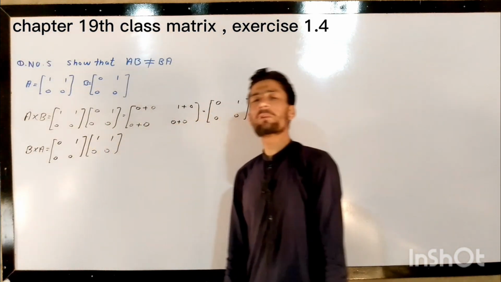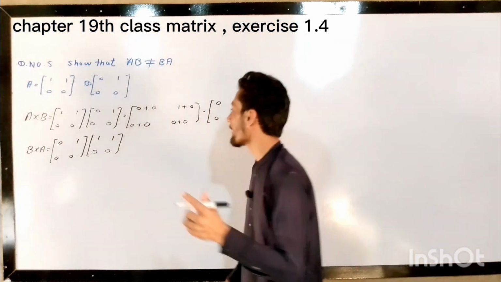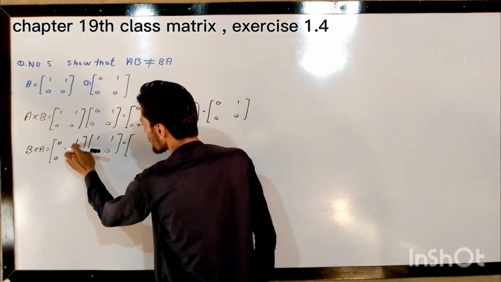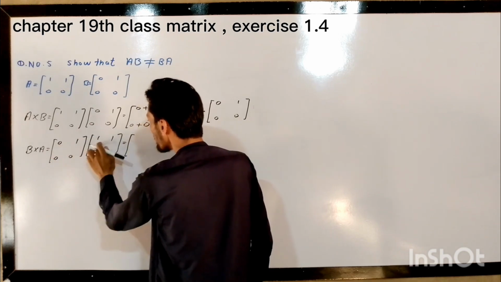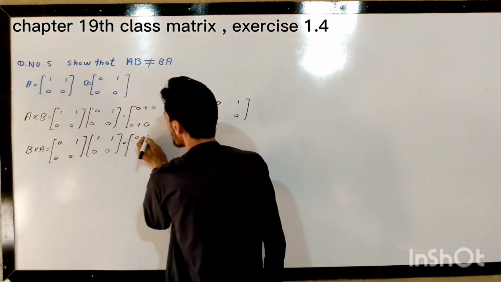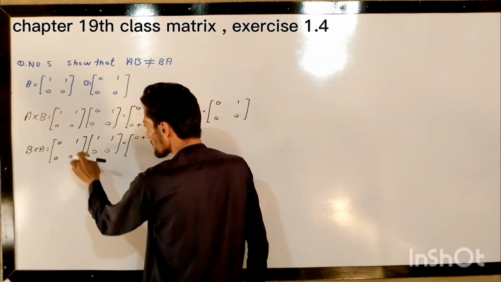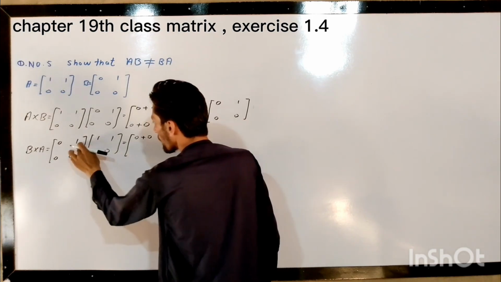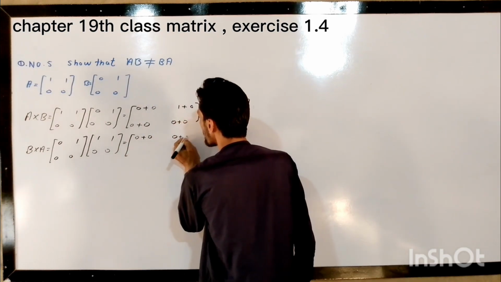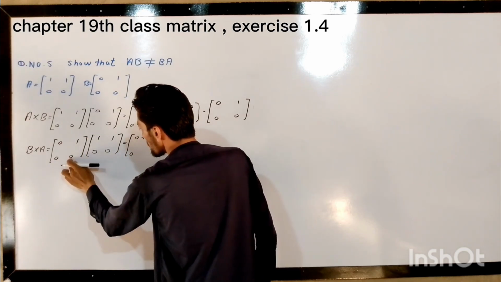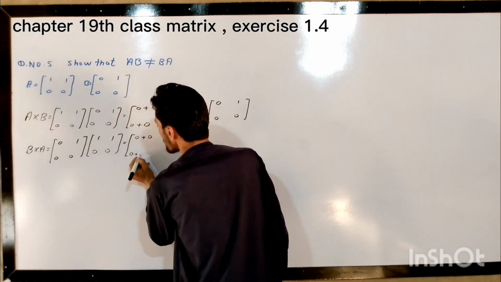Let's give a simple multiplication to it right now. Okay. So multiply this with this, this with this. Okay, 0 multiplied with 1 will be equal to 0 plus 1 multiplied with 0 is equal to 0. After this, 0 multiplied with 1 will be equal to 0 and 1 multiplied with 0 will be equal to 0. 0 multiplied with 1 will be equal to 0. 0 multiplied with 0 will be equal to 0.